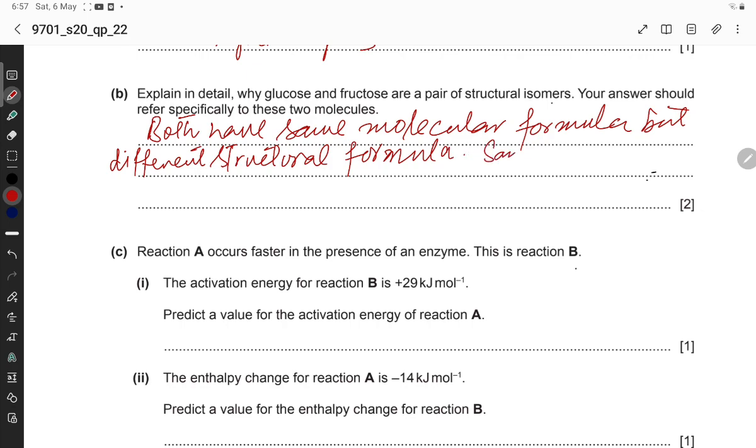Same type of atoms, but at different positions.